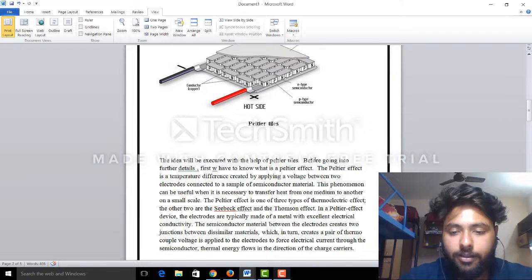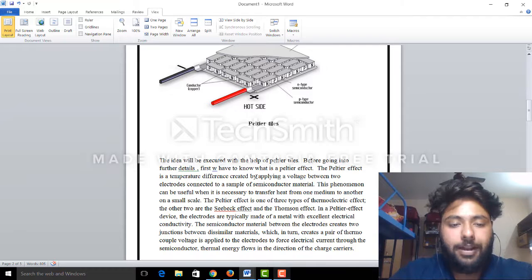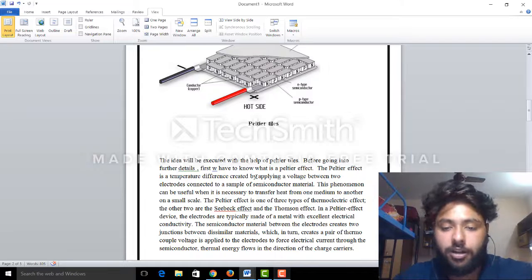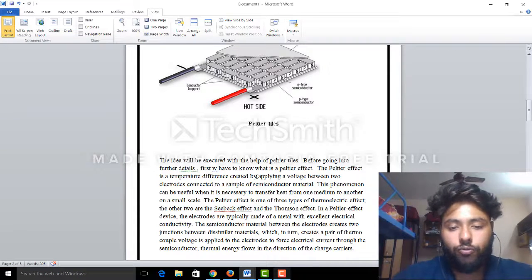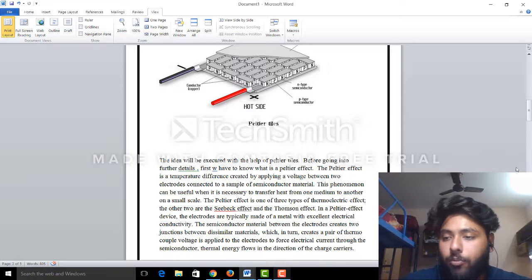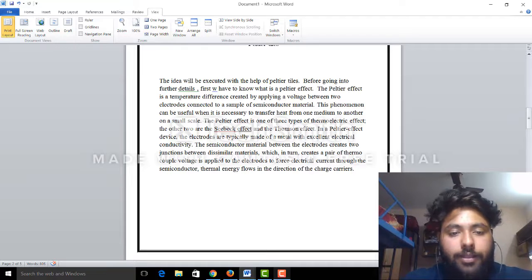Before going into further details, what is the Peltier effect? The Peltier effect is a temperature difference created by applying a voltage between two electrodes connected to a sample of semiconductor material. This phenomenon can be useful when it is necessary to transfer heat from one medium to another on a small scale. The Peltier effect is one of the three types of thermoelectric effect, and the other two are the Seebeck effect and the Thomson effect.